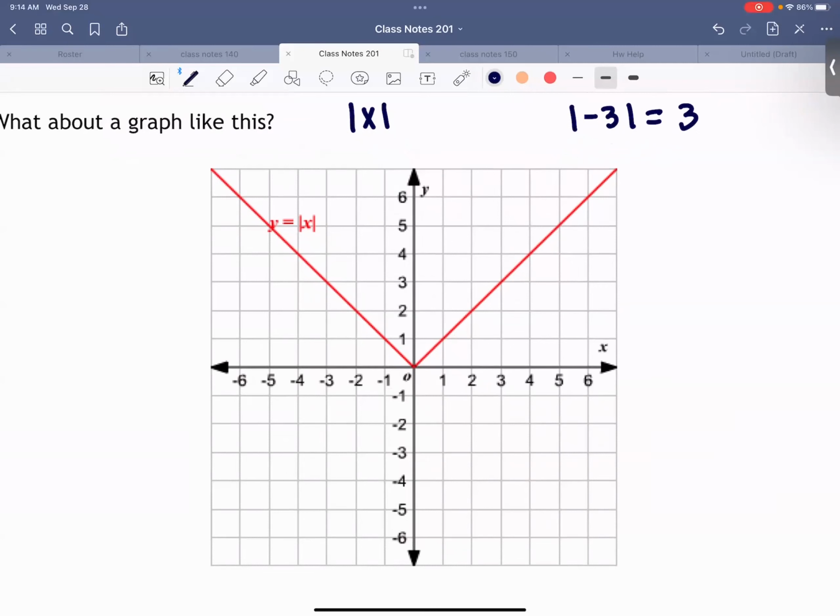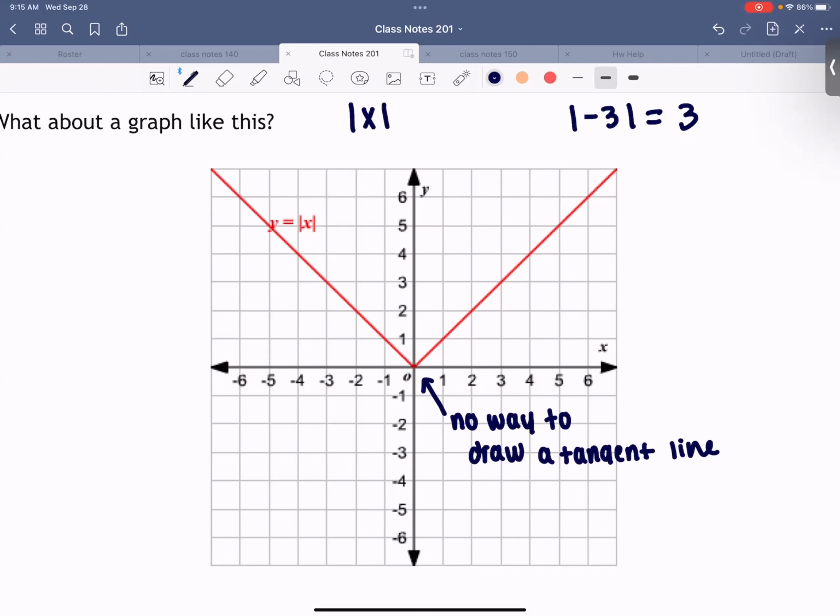Okay, well, it kind of seems like the slope of the tangent line might be 0 at 0. But let me ask you, how would I draw a tangent line at a corner? You can't, right? So when we have an edge or a sharp turn in our graph, there's actually no way to draw a tangent line here. Okay, and if there's no way to draw a tangent line, what's the slope of the tangent line?